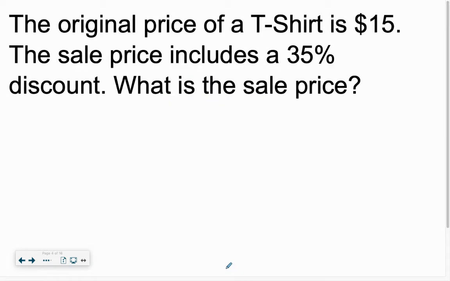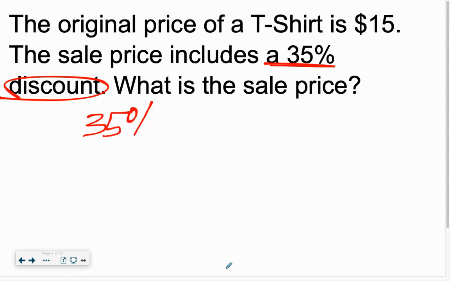So let's practice. The easiest way to do this is every time we're looking at this, find out what we have. Do we have a tax, tip, discount, markup? What is happening? Since we've got a discount, what is our discount amount? It's 35%. For the first and only time, please write down this phrase: 35% of that original price, which is $15.